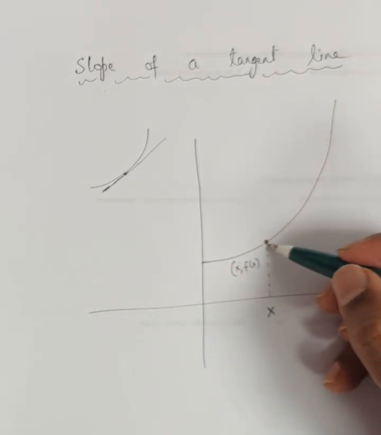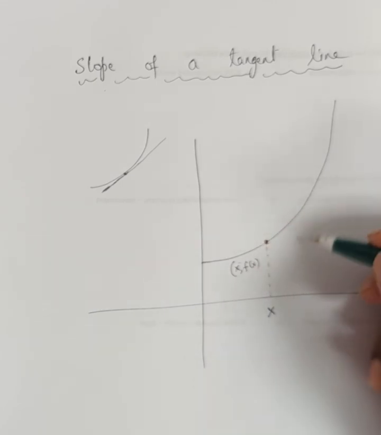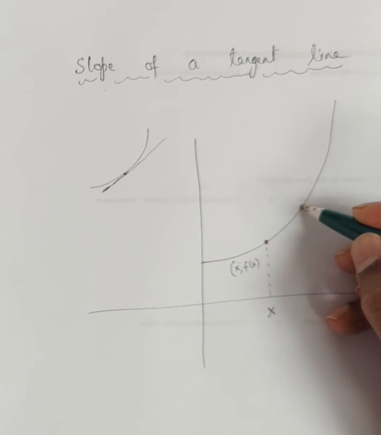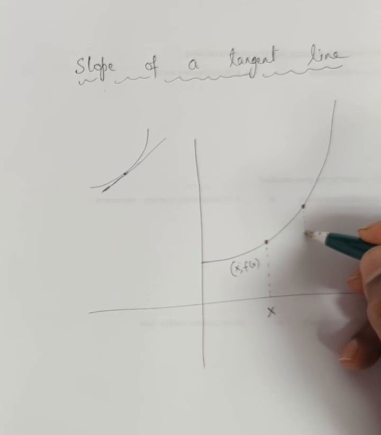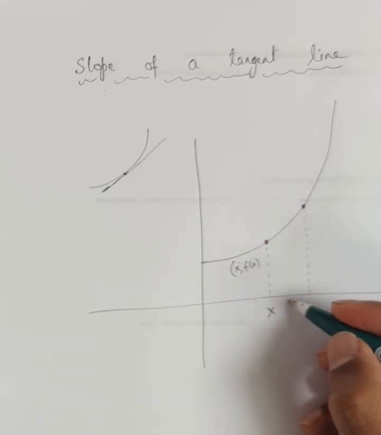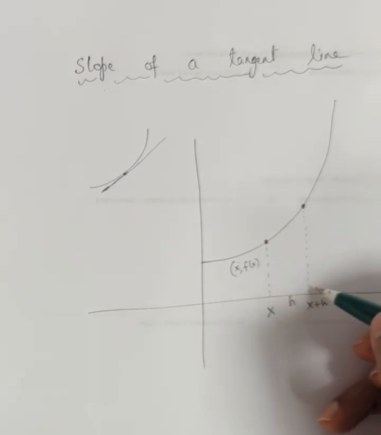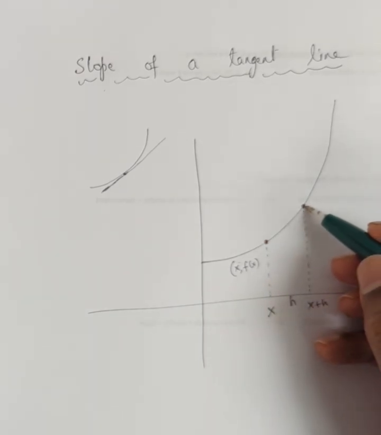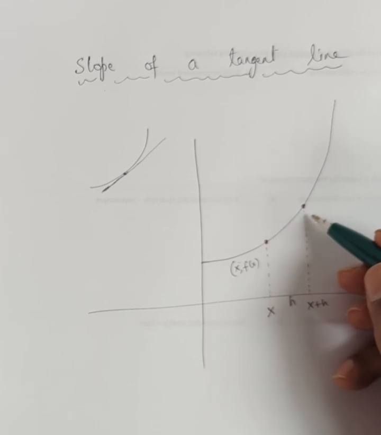Now what I'm going to do in order to find slope of tangent line is I'm going to consider a nearby point, and I'm just doing an exaggeration here to draw. So say this point is h units away, and usually I want to keep h close, but in order to show a clear picture, I've taken this point to be a little bit further.